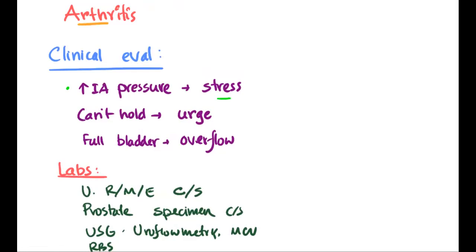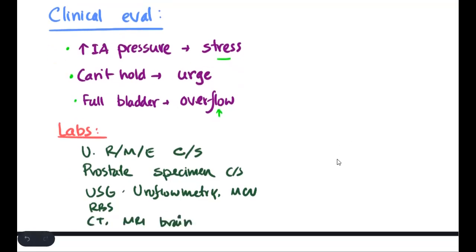If the patient has a sudden urge to urinate and can't hold until going to the toilet, then that is an urge incontinence. If the patient has a full bladder on clinical examination and also ultrasonography, and then has incontinence, that is overflow incontinence.